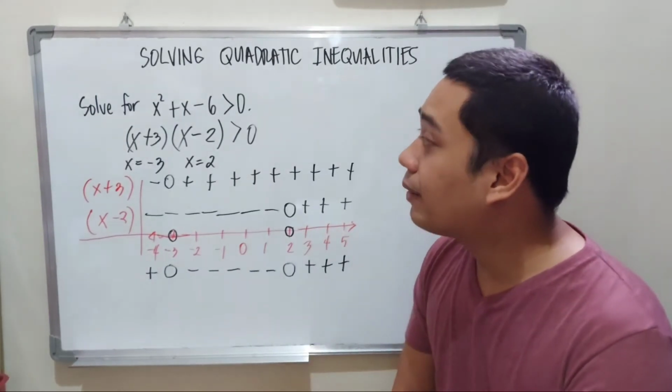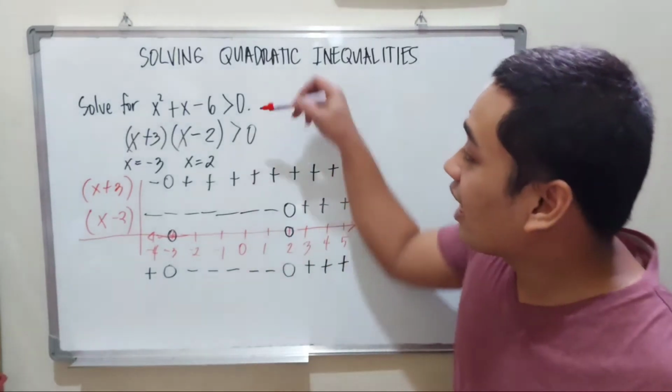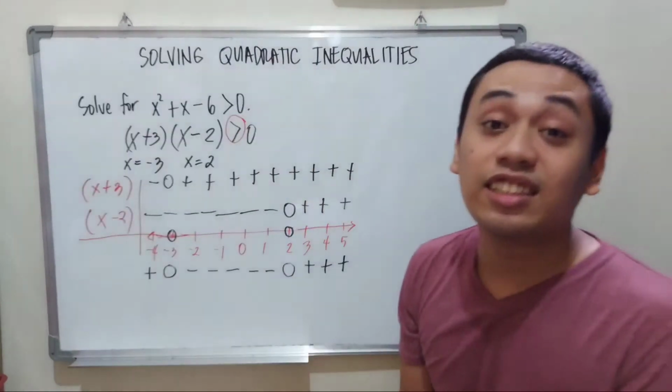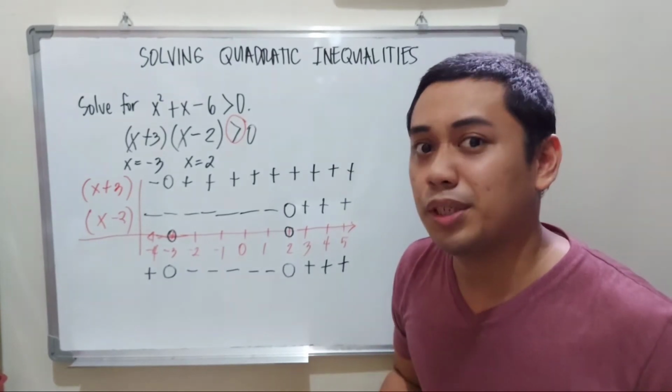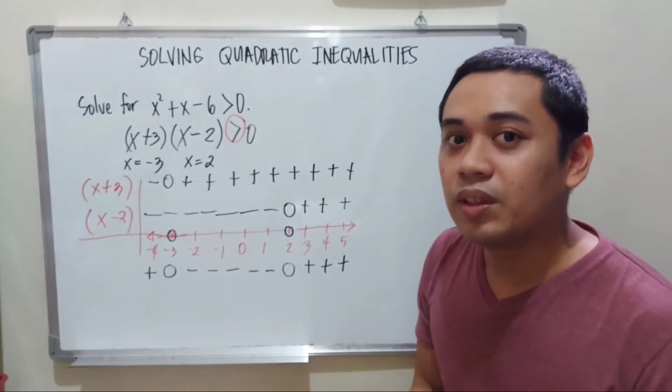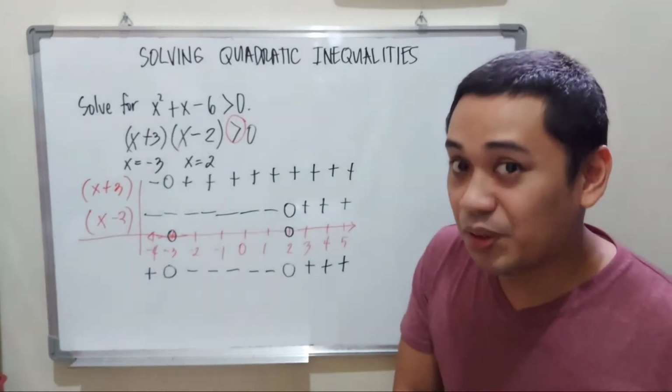Ano bang sabi? Hahanapin natin yung solution which is greater than 0. Using the ideas of sign, ano ba yung sign ng mga numbers na mas mataas sa 0? 'Di ba yung positive? So yung negative mas mababa sa 0.